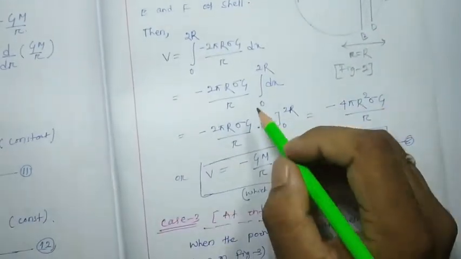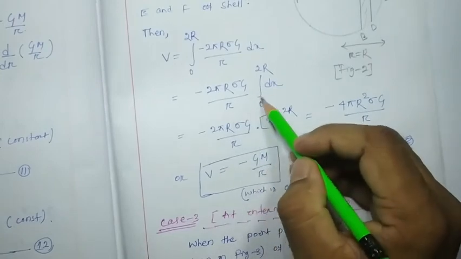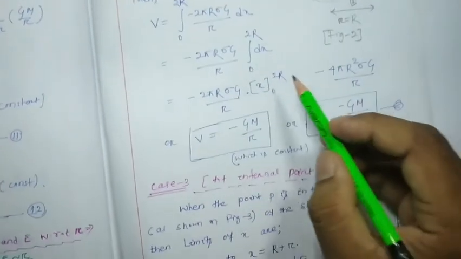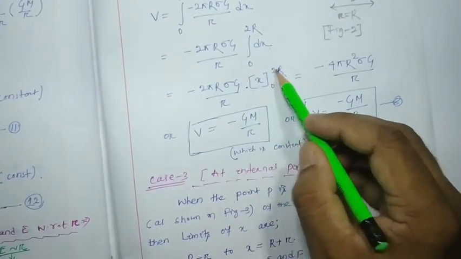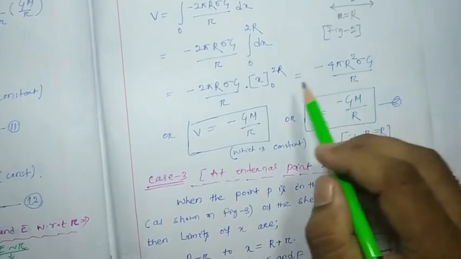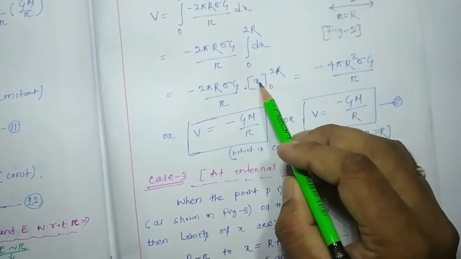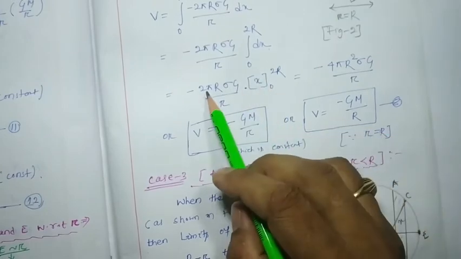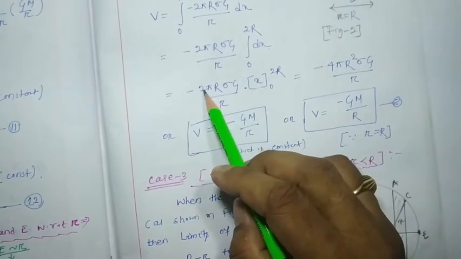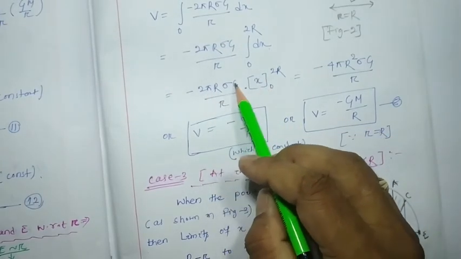Integrating dx from 0 to 2R gives 2R, so we get 4 pi R square sigma G by r.